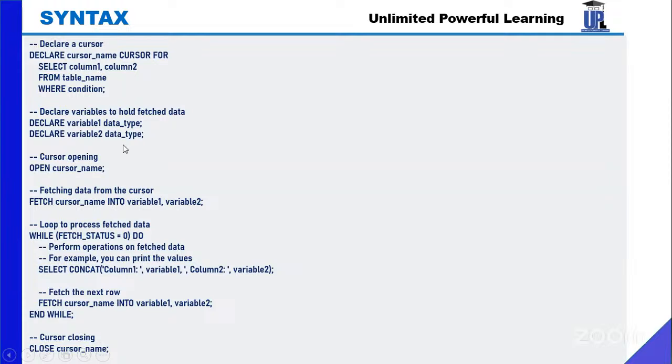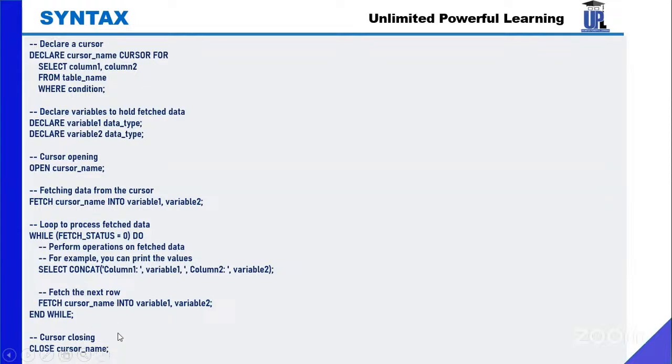Then I can use a temporary variable to move a certain column record to this, just to indicate whether data exists or not. Based on that, we perform the operation record by record. We are going to iterate till this fetch status is equal to 0. If it is modified to some other value, then we exit from here and we can close the cursor.